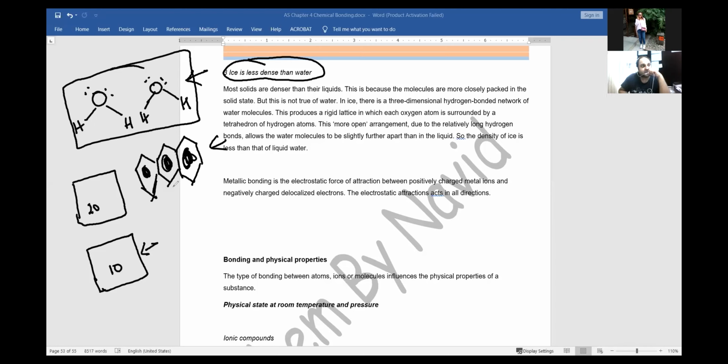So when your temperature is decreasing, what is happening? The molecules are coming closer to each other, right? And since it's coming closer to each other, water molecule এর একটা problem কি? It forms hydrogen bonds. So since it forms hydrogen bonds, the molecules are arranged as hexagons.